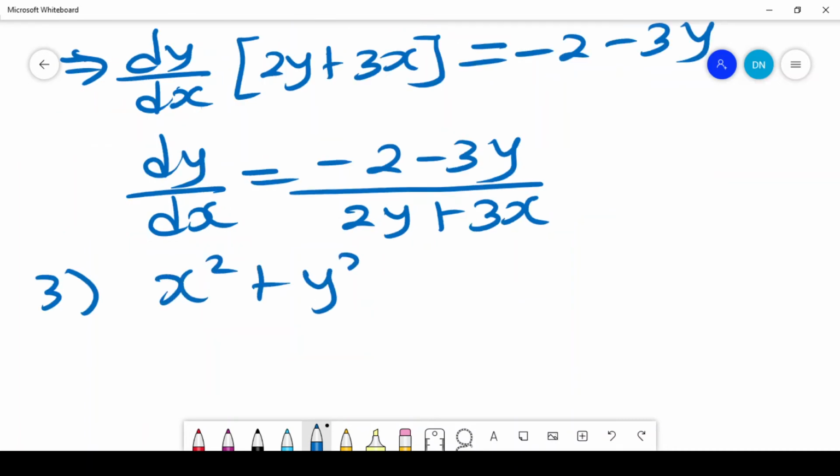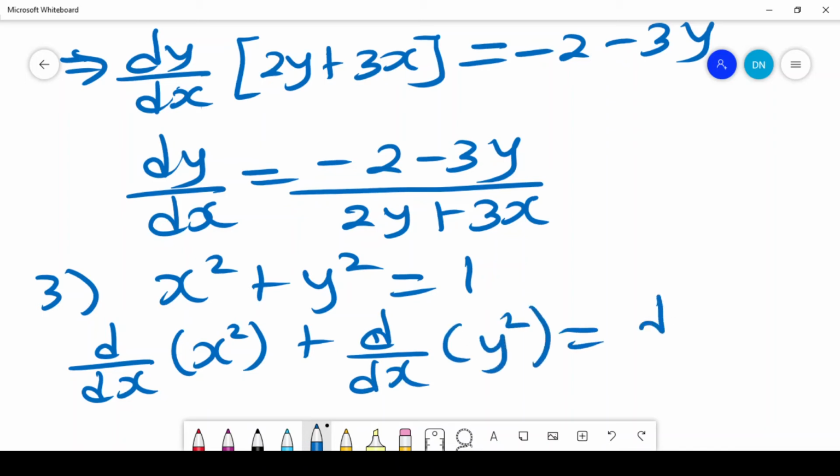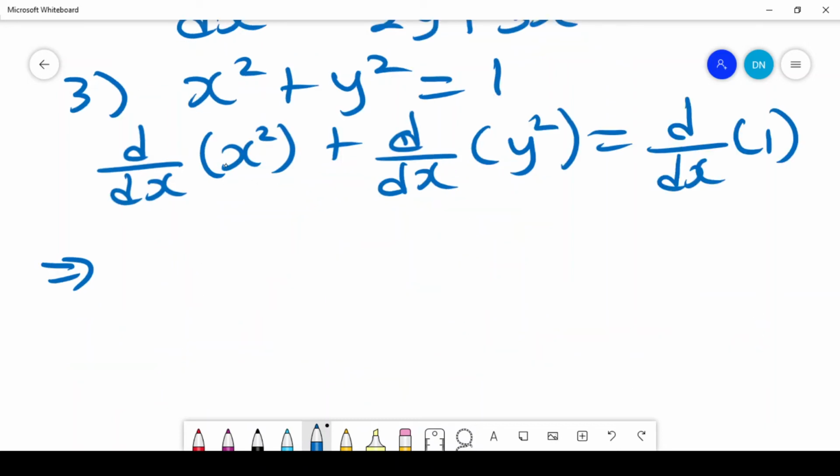Next: x squared plus y squared equals 1. So d/dx of x squared plus d/dx of y squared equals d/dx of 1. It's slightly simple because this is 2x.